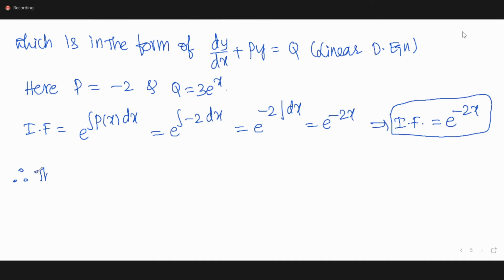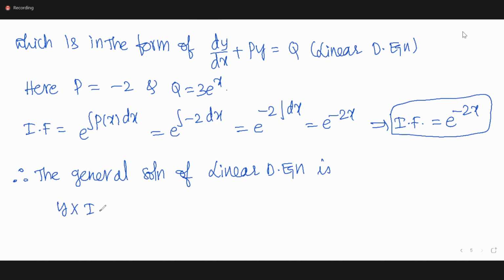Therefore, the general solution of a linear differential equation is y into integrating factor is equal to integration of q into integrating factor with respect to x plus c, where c is an arbitrary constant.